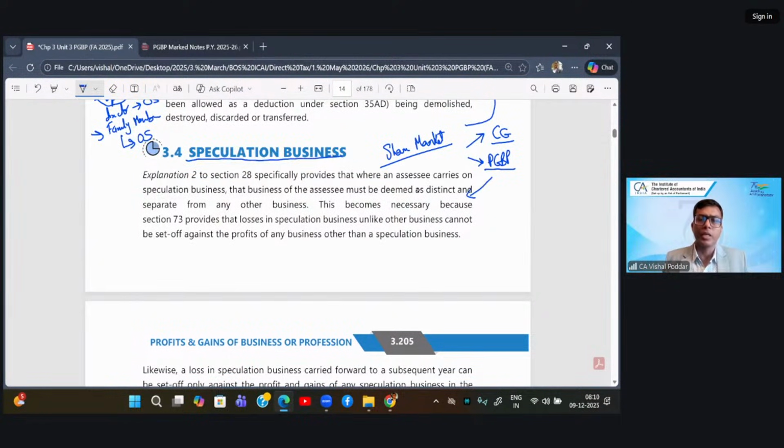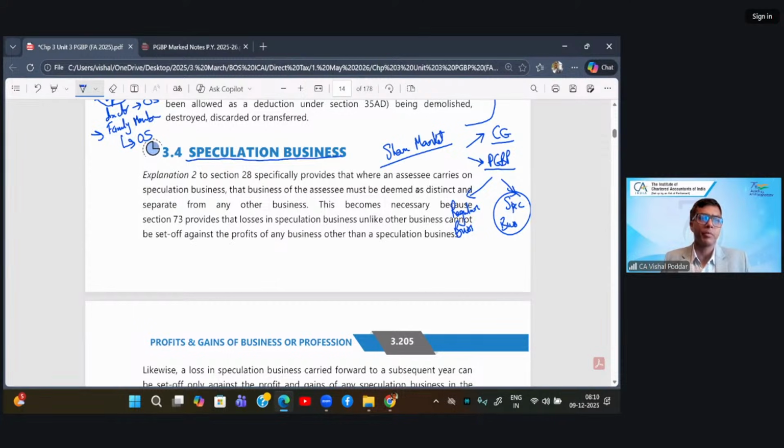But interestingly, in PGBP, we are not treating the entire share market or share trading as speculation. In fact, the majority of this trading is your regular business. Only some specific items are speculative business. So let me clarify this.